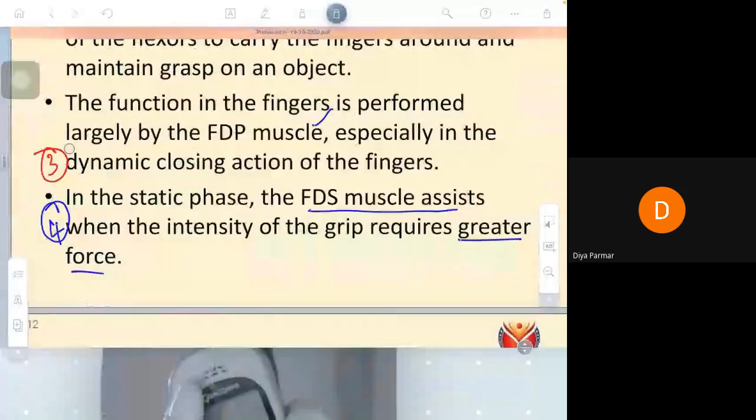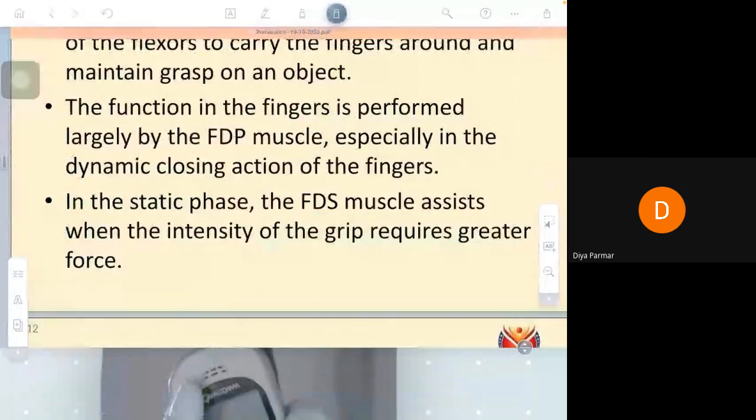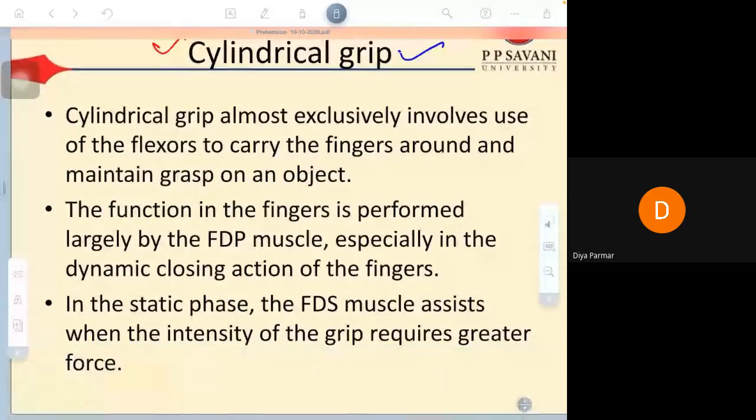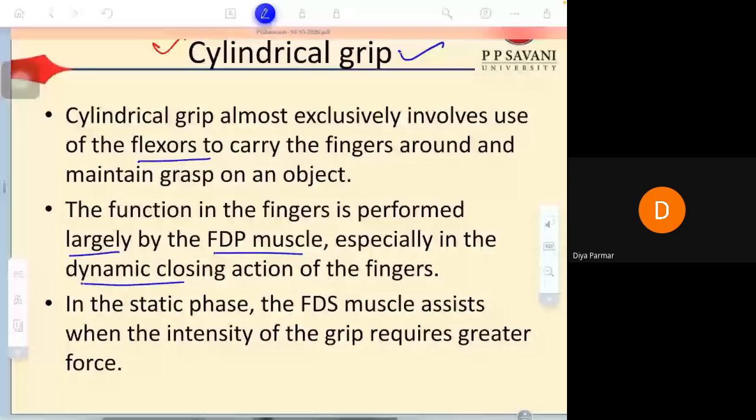Now you can read this sentence. Cylindrical grip almost exclusively involves the use of the flexors. Exclusively, flexor muscles are used. The function in the fingers is performed largely by FDP, especially in dynamic closing. Static phase: what is static phase? You are holding the object in your hand, imagine a telephone.